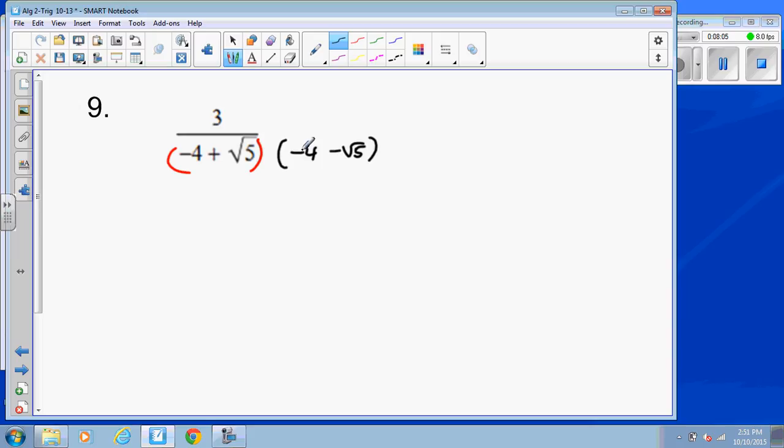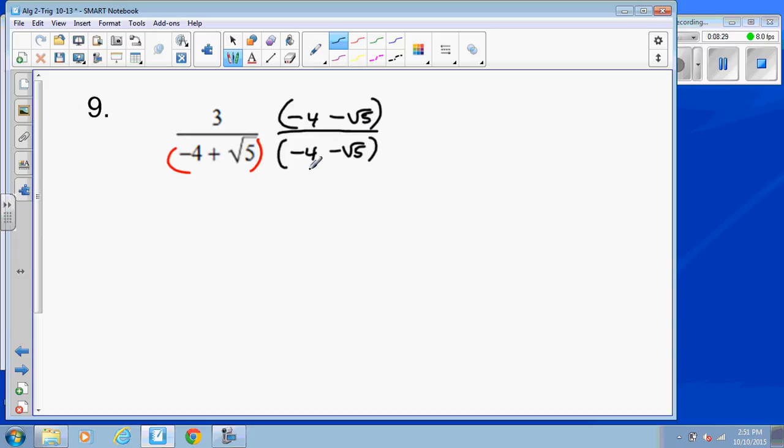The first number stays the same. The second number is changed from positive to negative. If it's already negative, we change it to positive. And then this goes negative 4 minus the square root of 5. Basically the same idea. We technically multiplied this whole fraction by 1 in the form of negative 4 minus the square root of 5 over negative 4 minus the square root of 5.